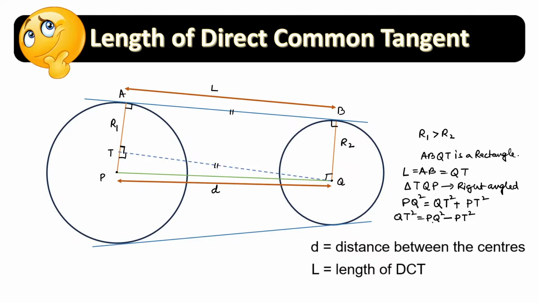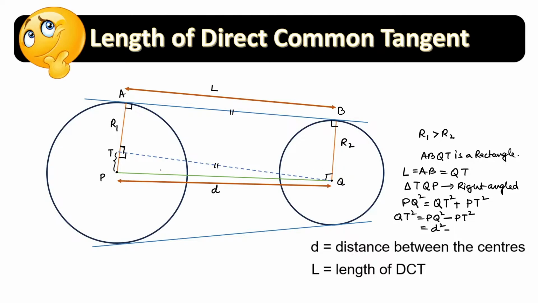What is PQ square? PQ is basically the distance between the two centers of the circle. And its distance we have denoted by small d. So it is small d square minus PT square. Now the question comes, what is the length of PT?